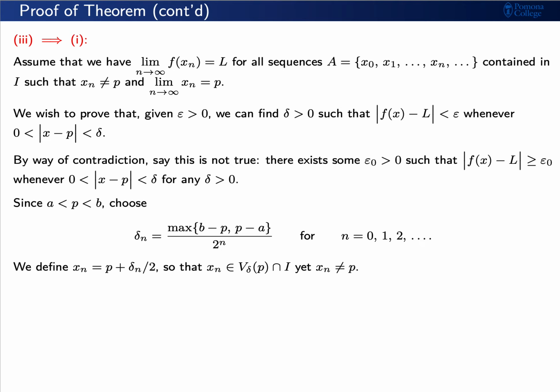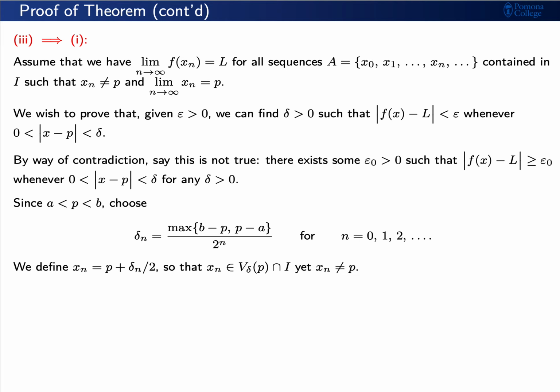Now, because p is between a and b, let's choose delta sub n to be the max of p minus a or b minus p, all divided by 2 to the n, where n here is 0, 1, 2, and so forth.